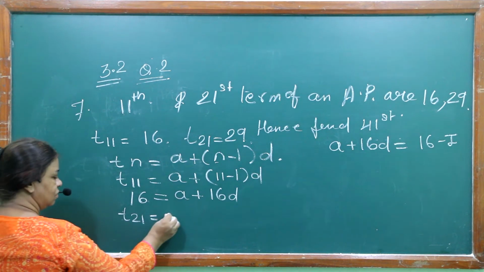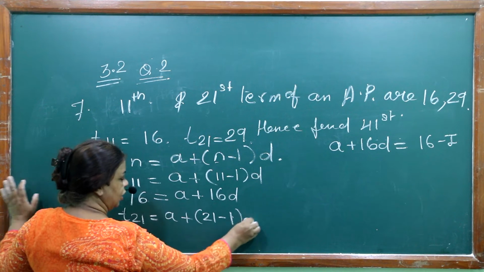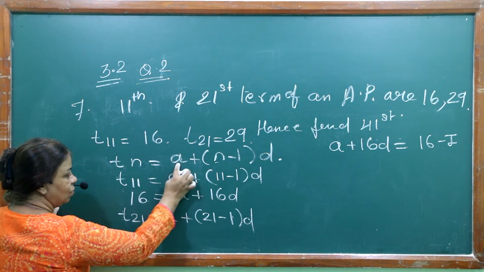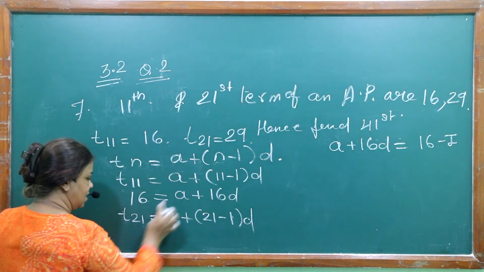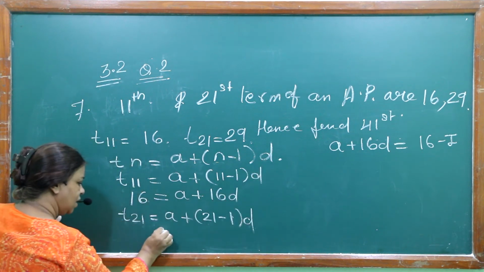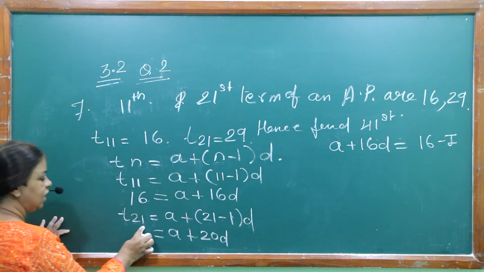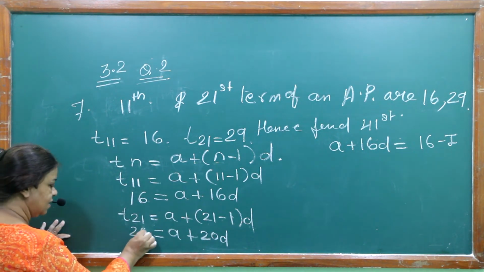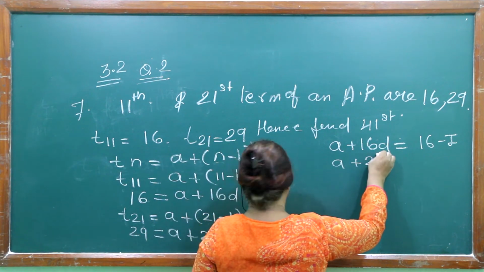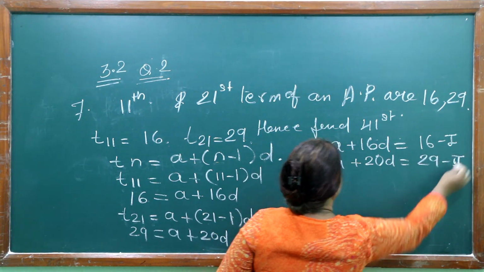T21 is equal to A plus 21 minus 1 into D. So what I get? A plus 20D. T21 is 29. I can write A plus 20D is equal to 29. I can consider it as the second equation.